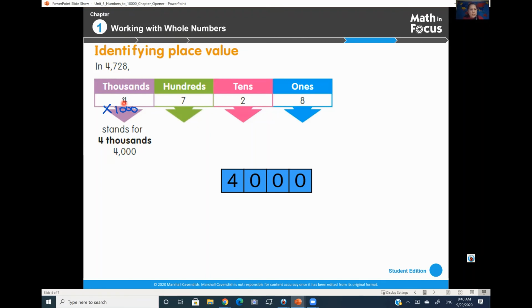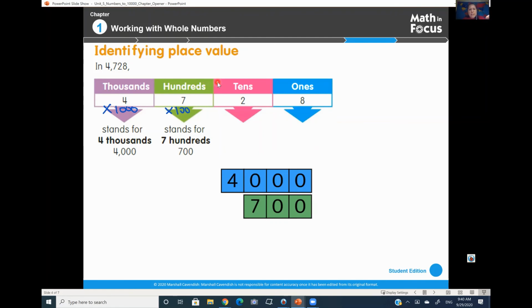Because it's in the thousand place. Now let's do the next one. The digit 7 is in the 100 place. That means you multiply times 100. So the value of the number is going to be 700. So this 7 stands for 700 because it's in the hundreds place.